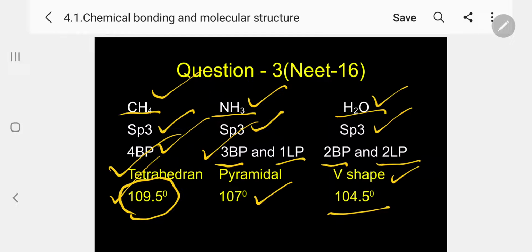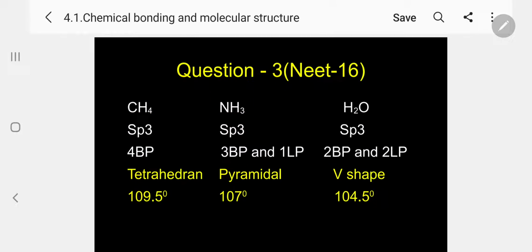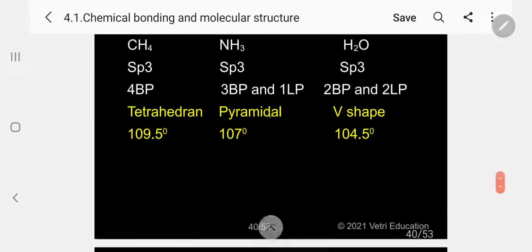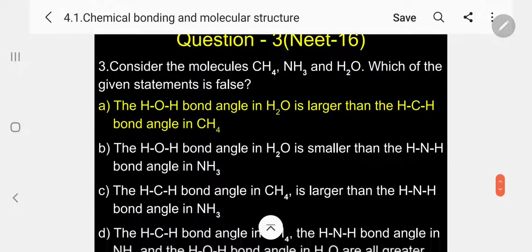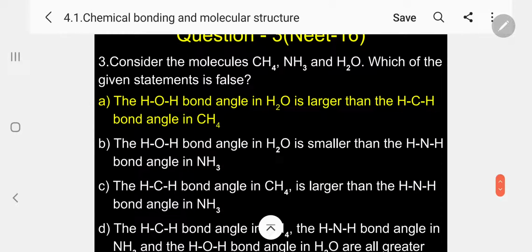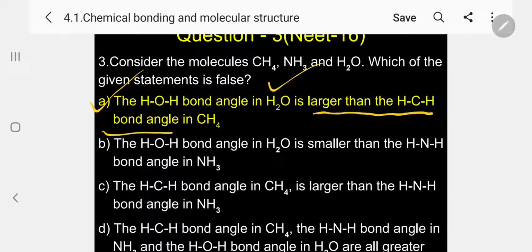The idea here is that methane has a higher bond angle than ammonia, and ammonia higher than water. This is the information you must get. Now you have to read the question and find the correct answer. Kindly follow. The correct answer is A. The HOH bond angle in water is larger than the HCH bond angle in methane.